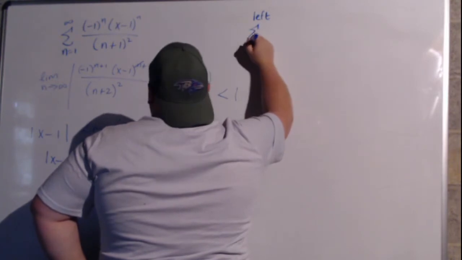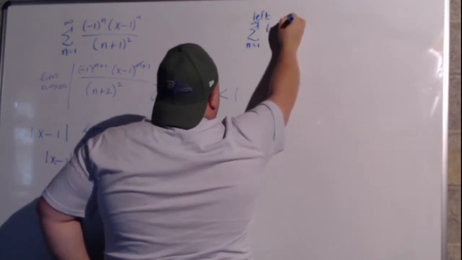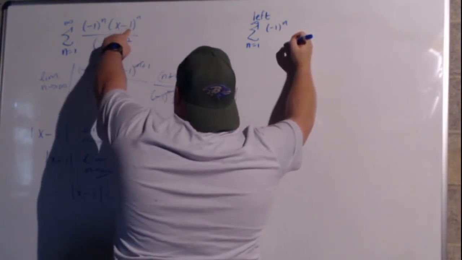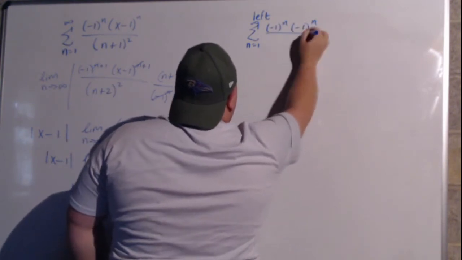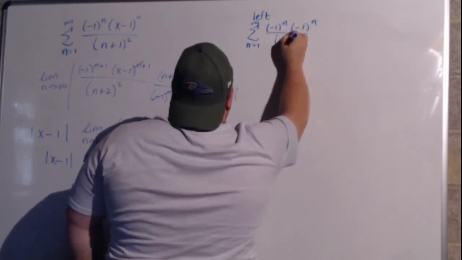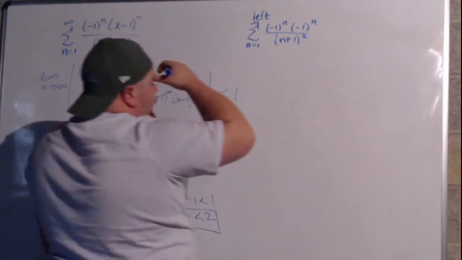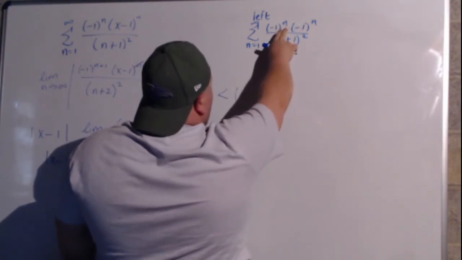I have the sum from 1 to infinity of negative 1 to the n. Now if I plug 0 in there, 0 minus 1, this just becomes (-1)^n all over (n + 1) squared. These are both power n, so we could put them together.